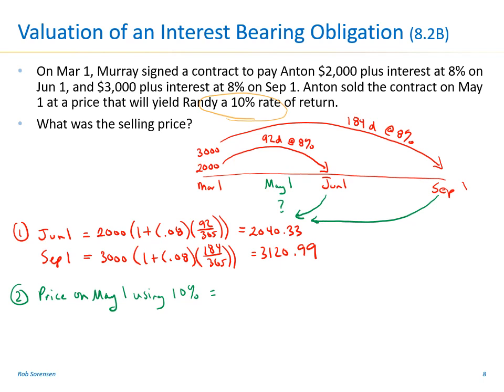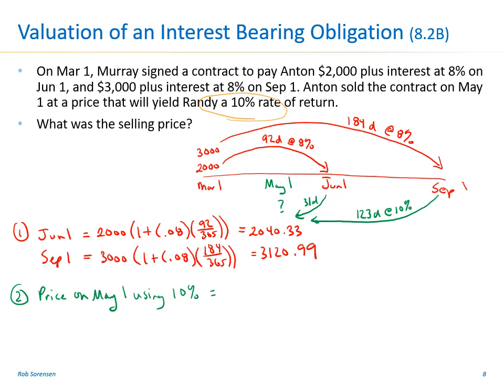And the first one going back from May 1st back to June, or June 1st back to May 1st, I mean, is 31 days. And the second one comes all the way back from September. That's 123 days. And these are both at 10% now, aren't they? We've got a new rate, and that's perfectly fine.